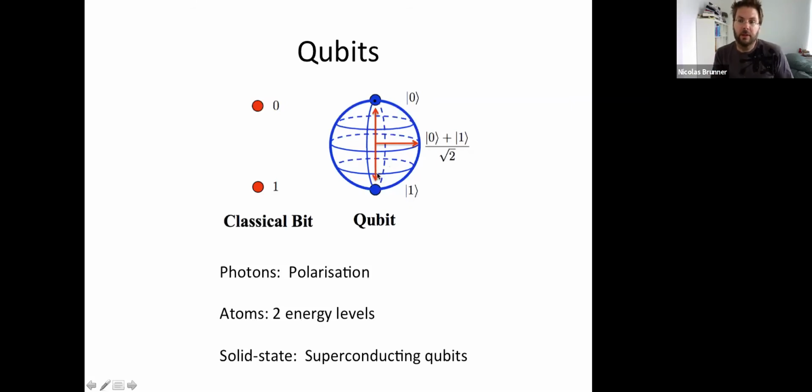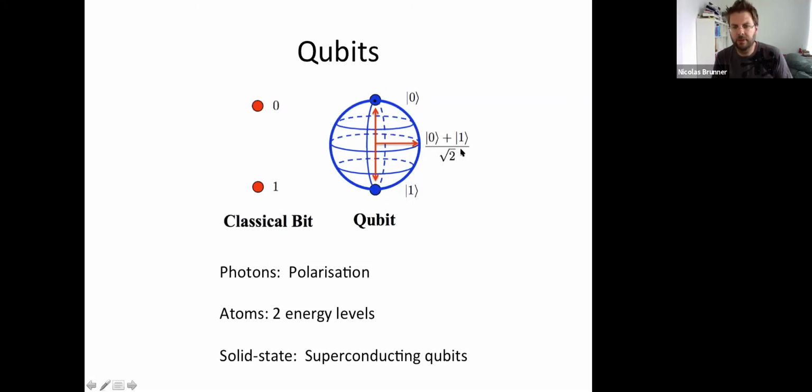So here are a couple of examples of how you can actually create qubits in the lab. Well, first with photons. For instance, the polarization degree of freedom of single photons is really a qubit. So in this case, the 0 and 1 would be horizontally and vertically polarized photons.